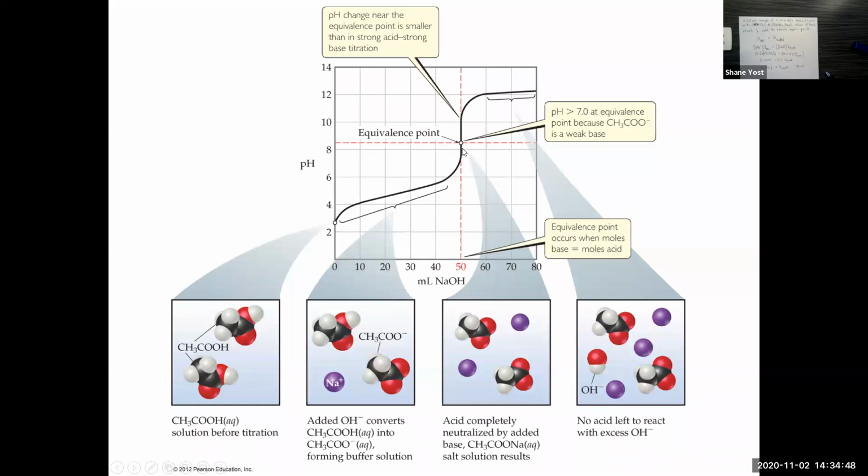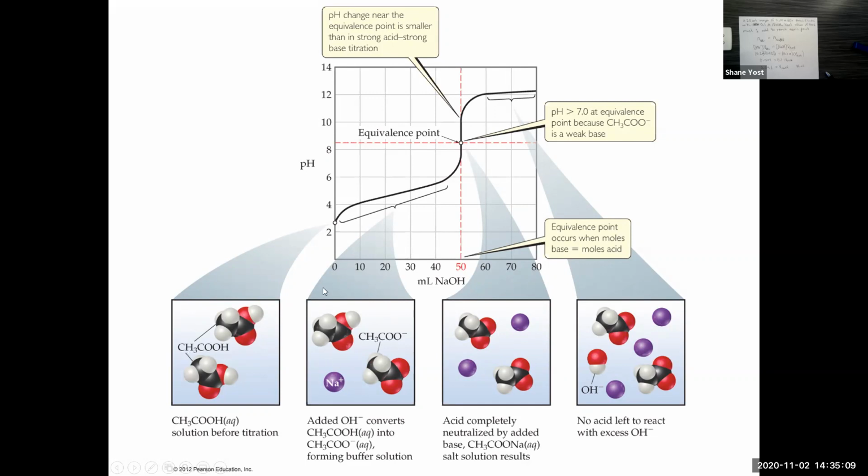Then you get to the equivalence point, where you see a much larger change in pH. And then once you get past the equivalence point, you are just adding a strong base in solution, and it becomes a very basic solution. So these pictures represent these different phases. Initially, just the weak acid.